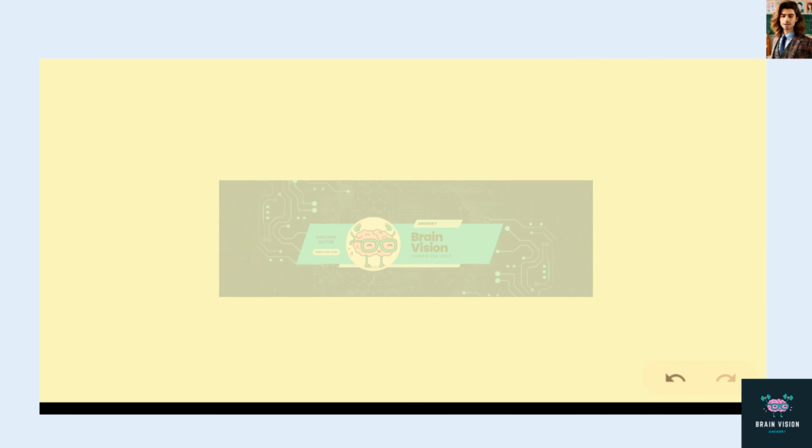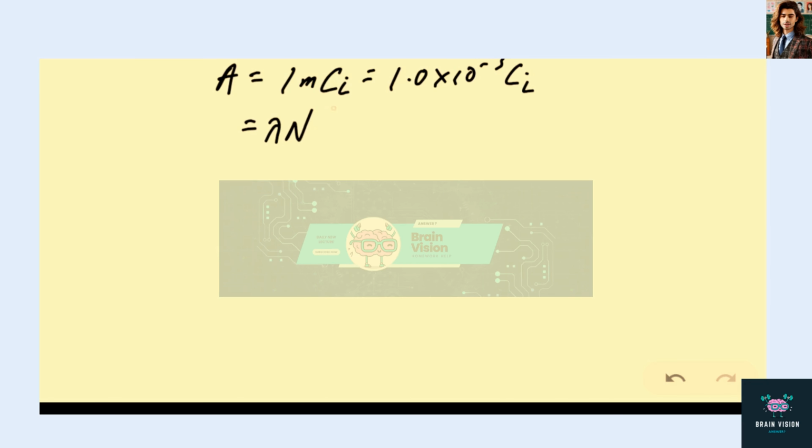Now we are given another amount of iodine where the activity is 1 millicurie, or 1 times 10 to the power minus 3 curies. We want to find out what is the mass of iodine. To find the mass, we need to find the number of nuclides, and then we can find the mass. So the activity is defined as the decay constant multiplied by the number of nuclides.